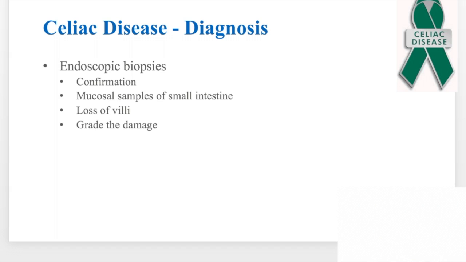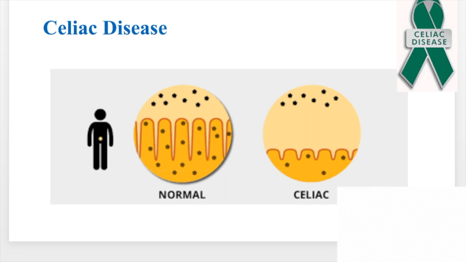We see if there are characteristics of celiac disease, whether it's loss of villi or inability to absorb certain nutrients or vitamins, and we can grade the damage as well. When you have celiac disease and you ingest gluten, you lose the villi that are normally there. They become flattened, and we can see that under the microscope. Whenever we do see that, this helps to confirm celiac disease.